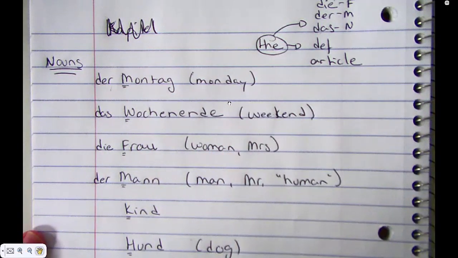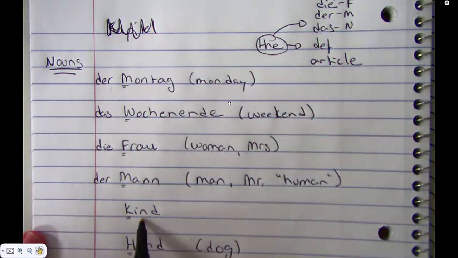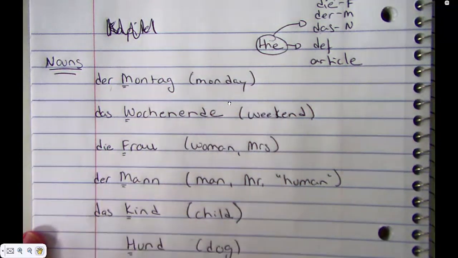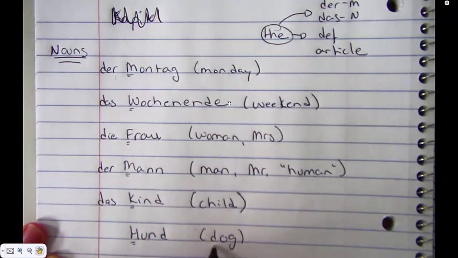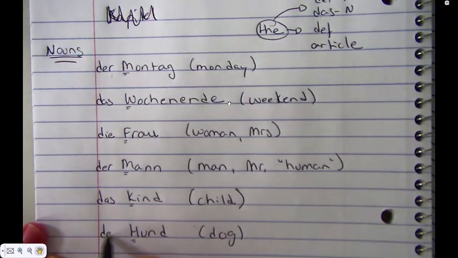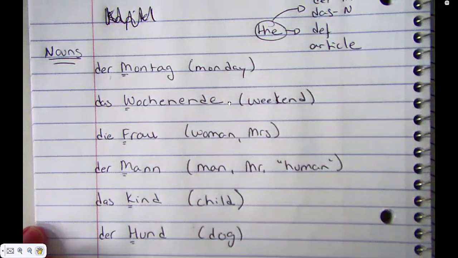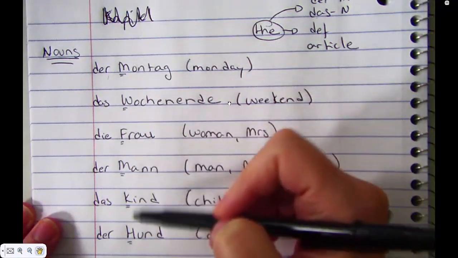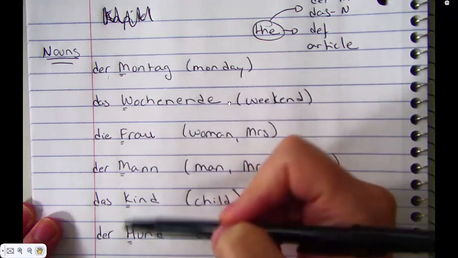So das Wochenende. Kind means child. And that one is also das. Das Kind. Hund, dog, happens to be masculine in German, so it's der Hund. So each and every single one of these just has a designated gender.